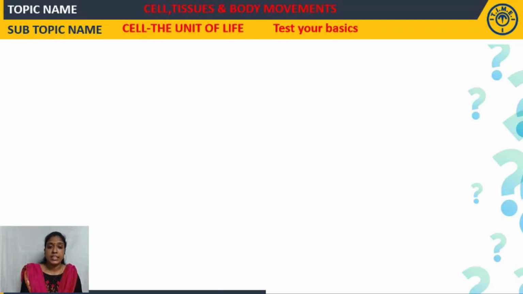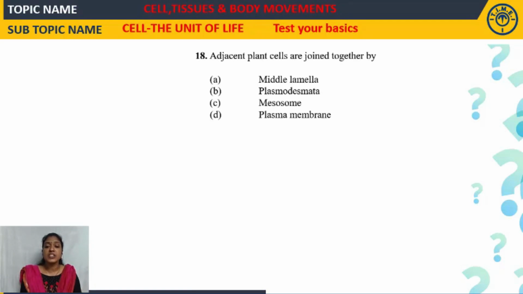Then moving on to question number 18. Adjacent plant cells are joined together by A. Middle lamella, B. Plasmodesmata, C. Mesosome, and D. Plasma membrane. So the plant cells, when you look at the structure of a tissue or plant cell, you can see that plant cells are arranged like what? Like the tiles on your floor.